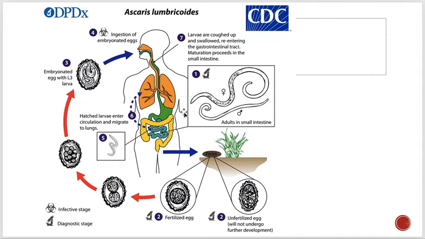of this worm. And this adult female, which is shown over here, can produce up to 200,000 eggs per day. The eggs that pass out of the adult worm can be fertilized eggs.